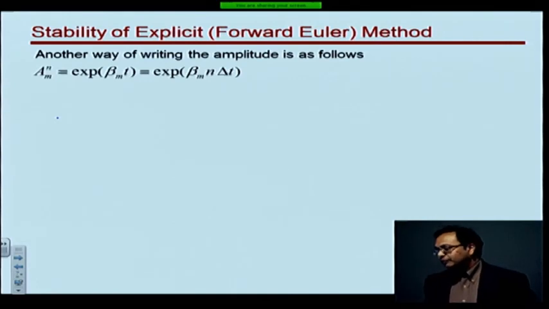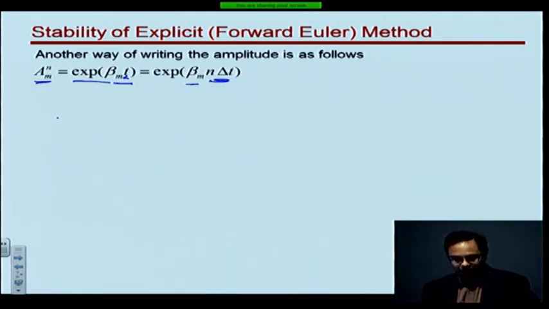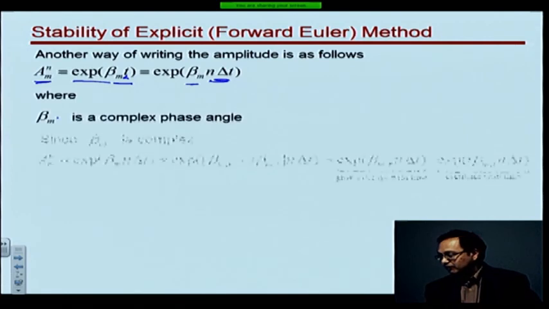Now, what people do, and this is just again to simplify the math and make it more elegant, is they say that the amplitude, we are going to write it as e to the power beta m t, where t can be written as n delta t, and beta m is a complex number.